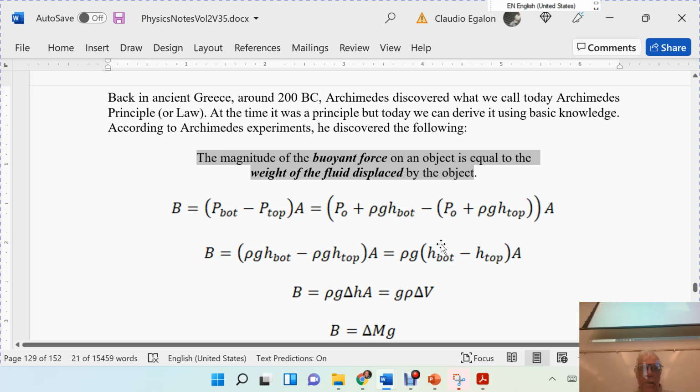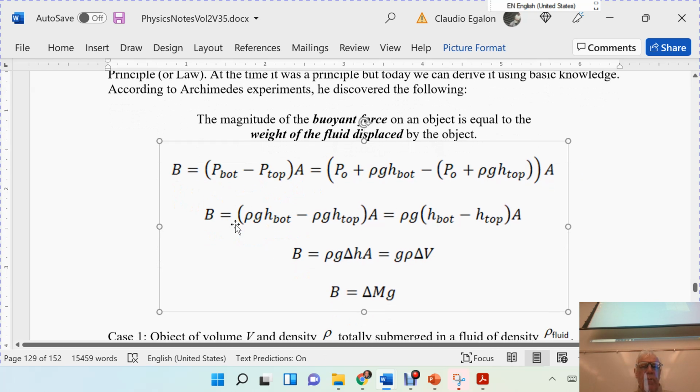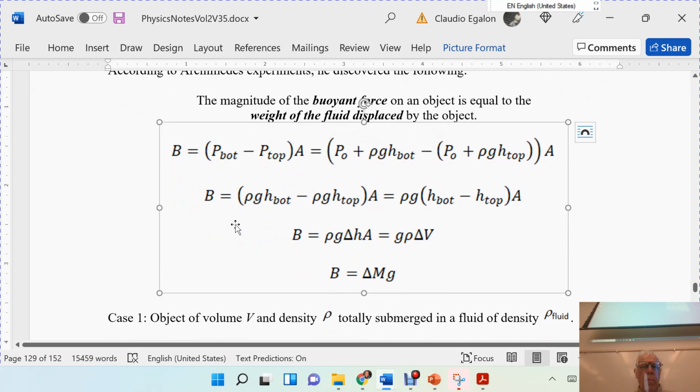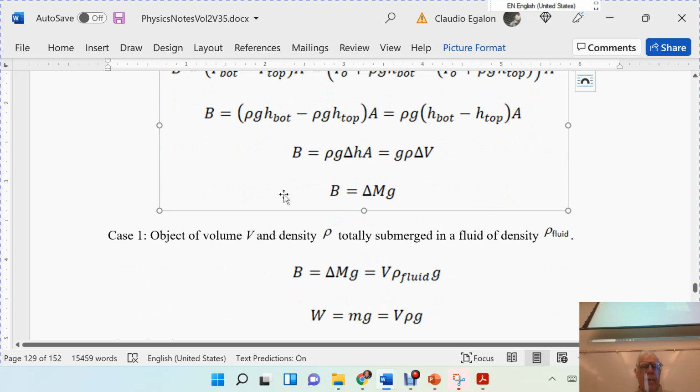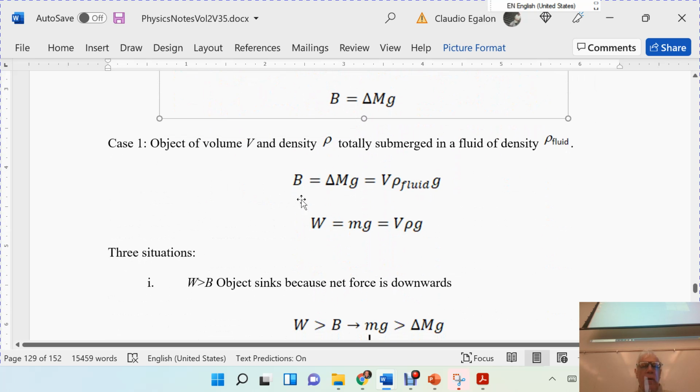Here I'm just deriving the Archimedes principle in terms of the differential in pressure, okay? That's all I'm doing here. I'm not going to do that now, so if you want to look at that. So here you go, here is the Archimedes principle in terms of equations.